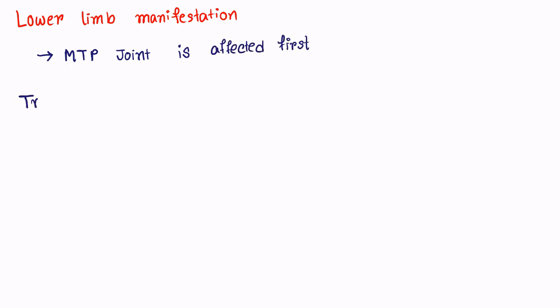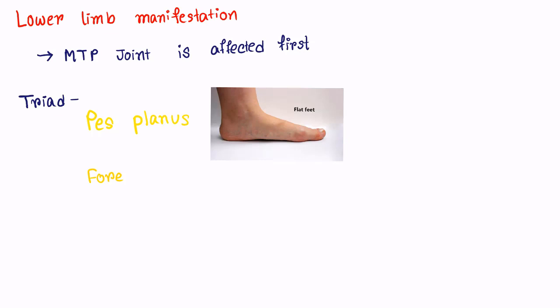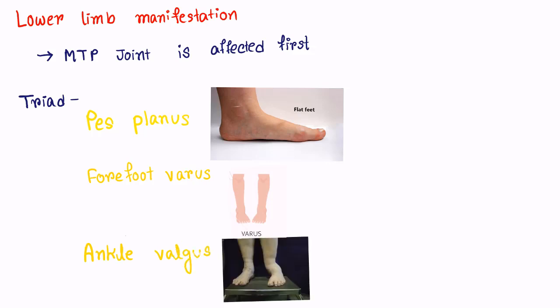Now coming to the lower limb manifestations in rheumatoid arthritis. The metatarsophalangeal joint is the first affected joint. There is a triad of lower limb manifestations which includes pes planus or flat foot, forefoot varus, and ankle valgus.